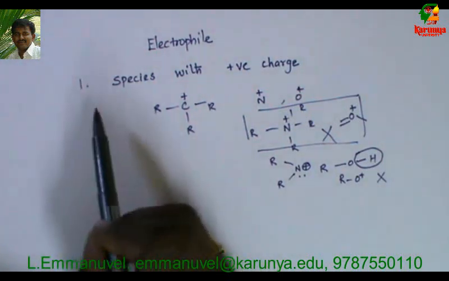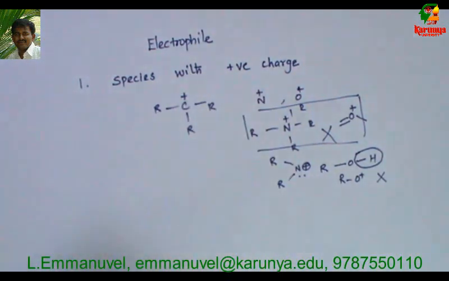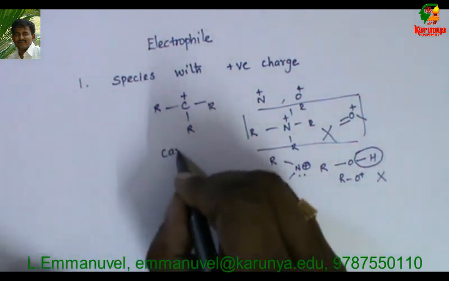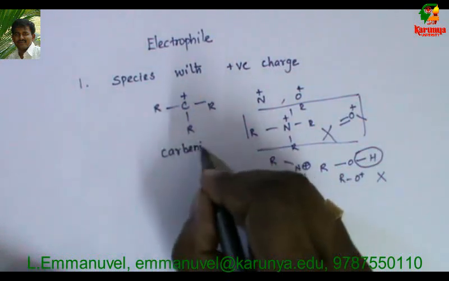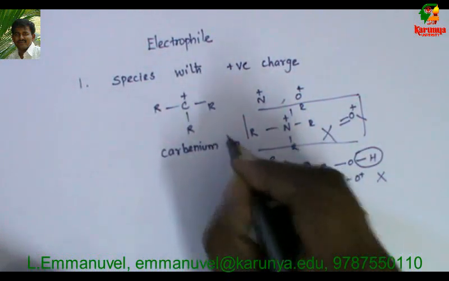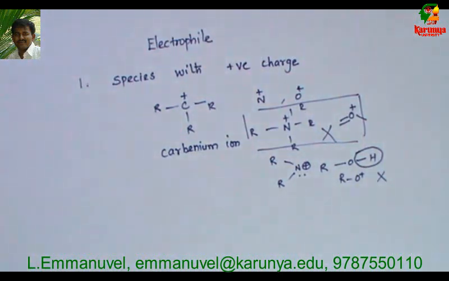So, in the case of positive charge, we have only one option, that is carbocation. The carbocation, recently they started to call carbenium ion. Not carbonium, it is carbenium ion.